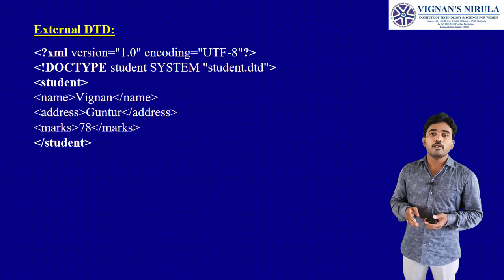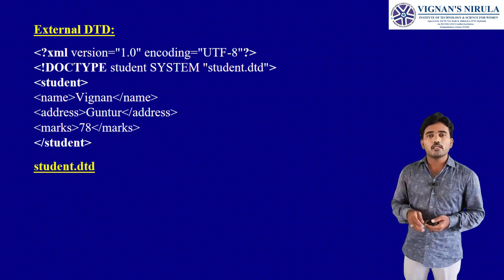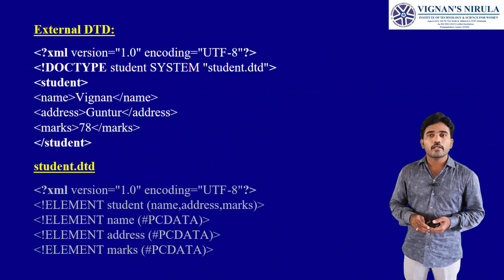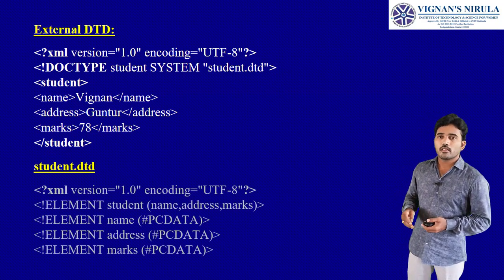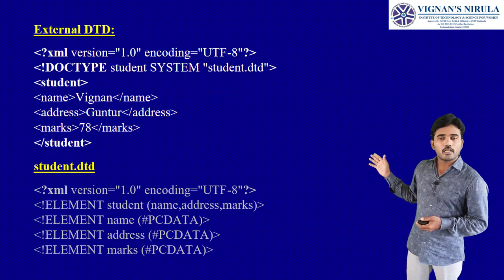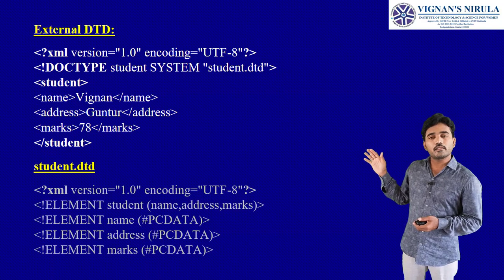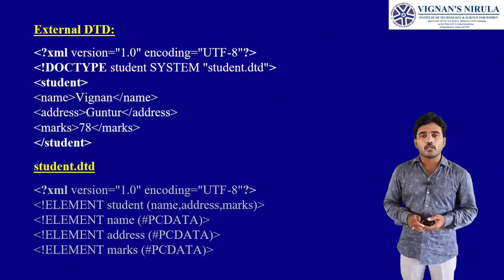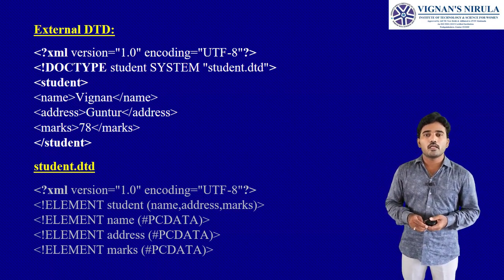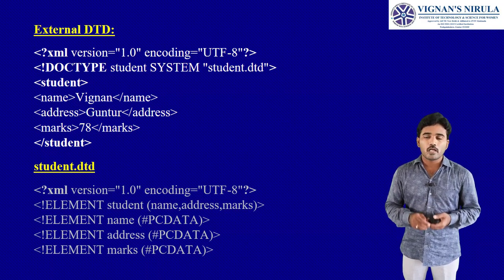As usual we have written the remaining XML document. Whatever DTD you wanted to write, place it in the student.dtd file. We have written the DTD there as in the previous example, where we have defined the element student followed by the elements name, address and marks, and as usual you need to write their corresponding data types.